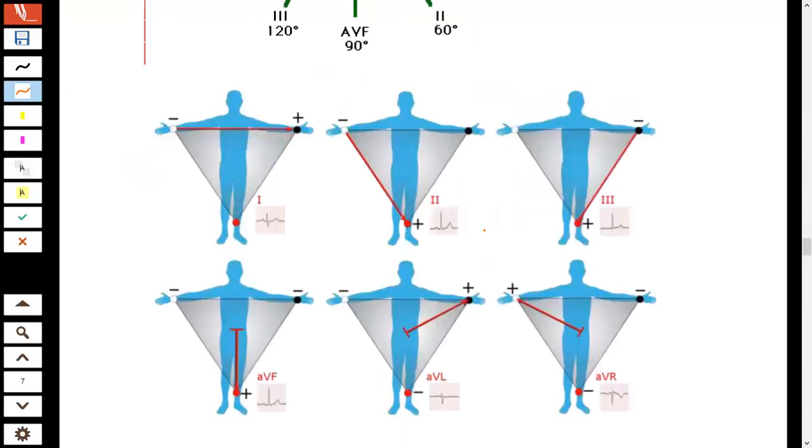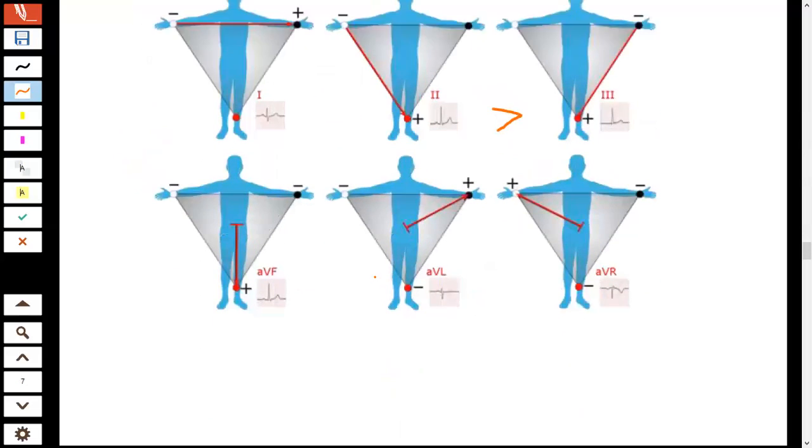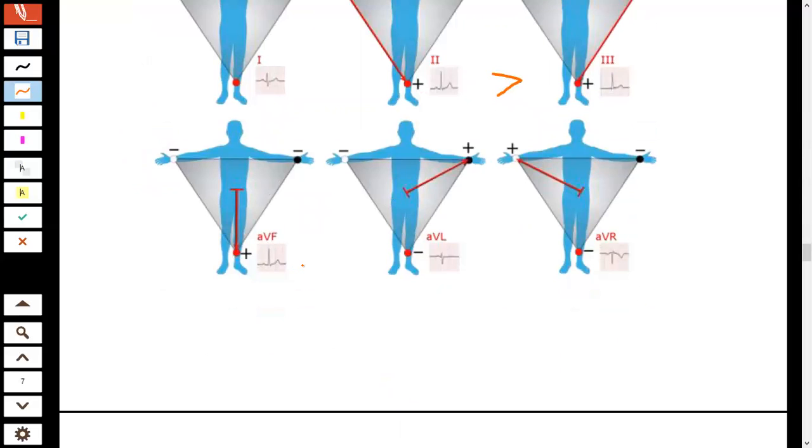Now just see it in the ECG. As you can see here, in lead 1, if you look at this, lead 2 has a more positive QRS complex than lead 3. Lead AVF has the positive deflection. Lead AVL is isoelectric. What does isoelectric mean?